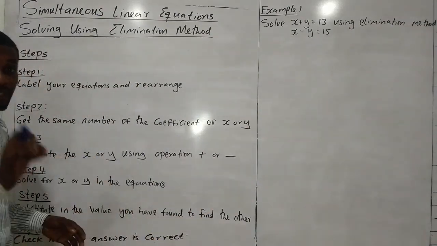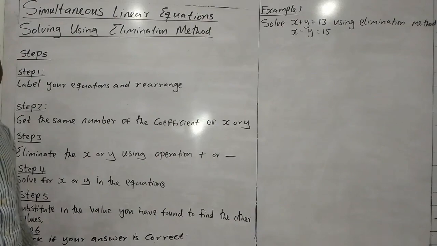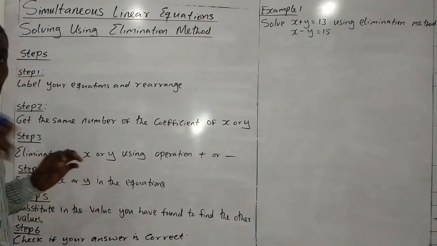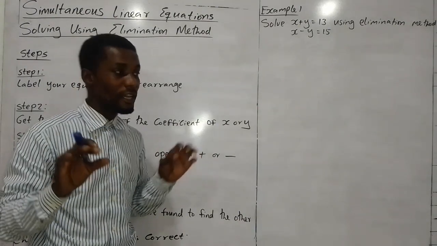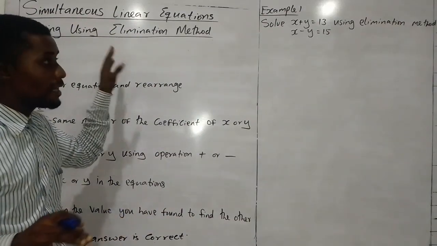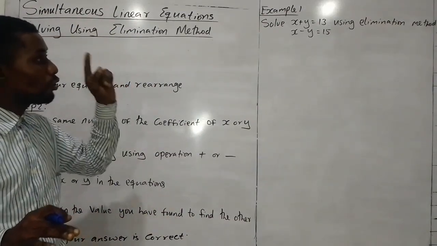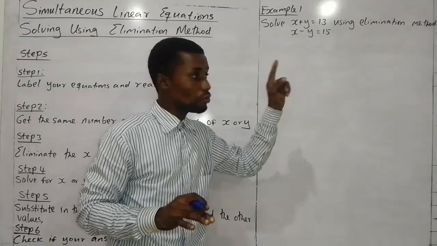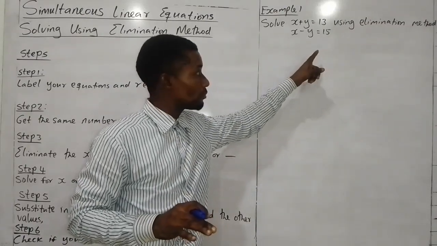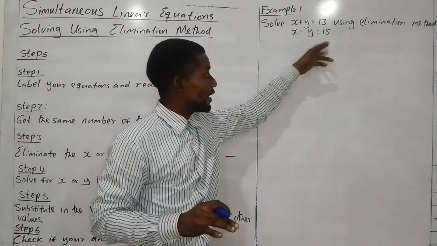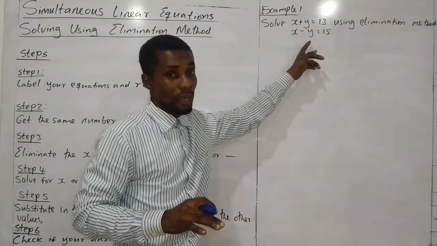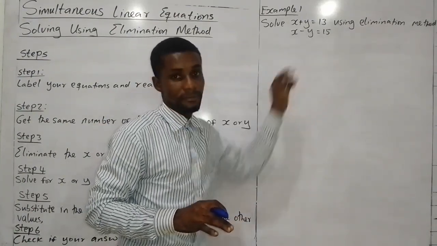Then after getting your answer, you need to check if your answer is correct by substituting the value of x and y into any equation of your choice. After substituting it, your sum should be equal to the sum you have in the equation. Just as we have 15 here, after substituting the value of x and y, it must give you 15.